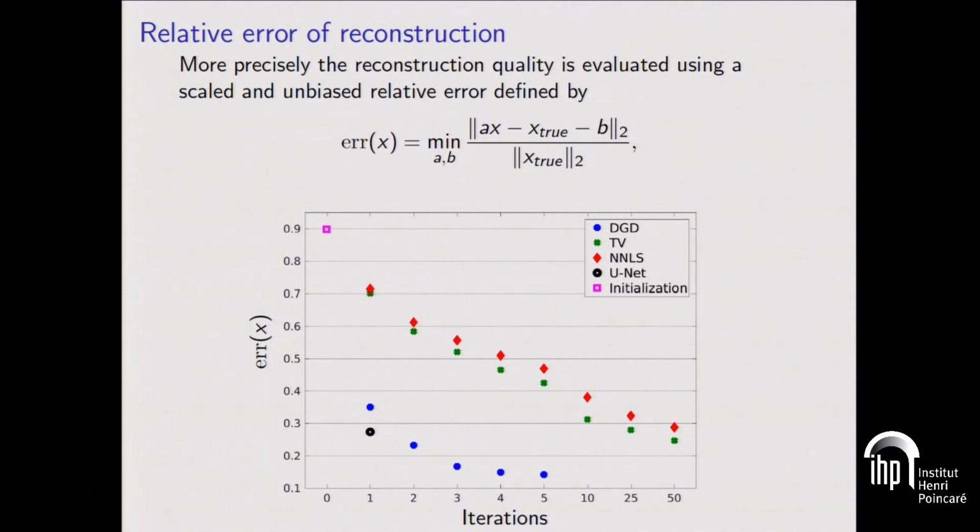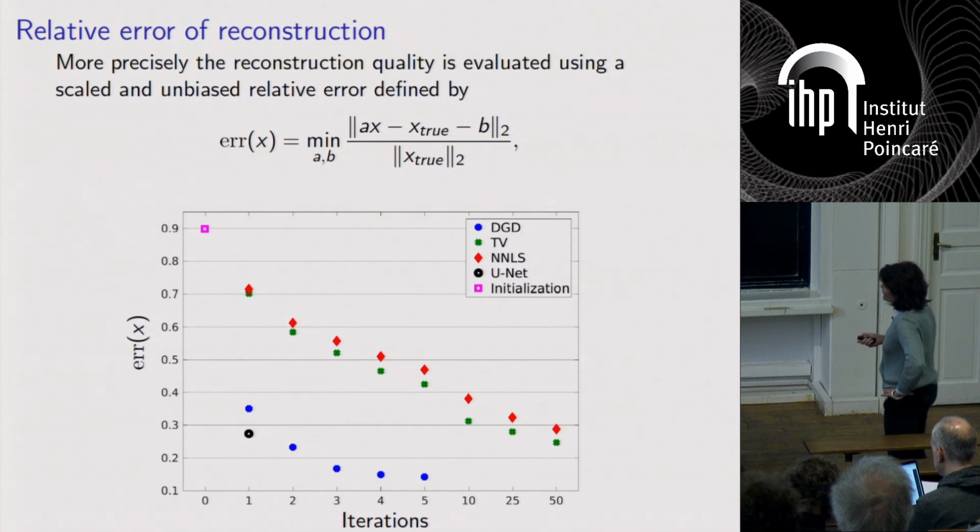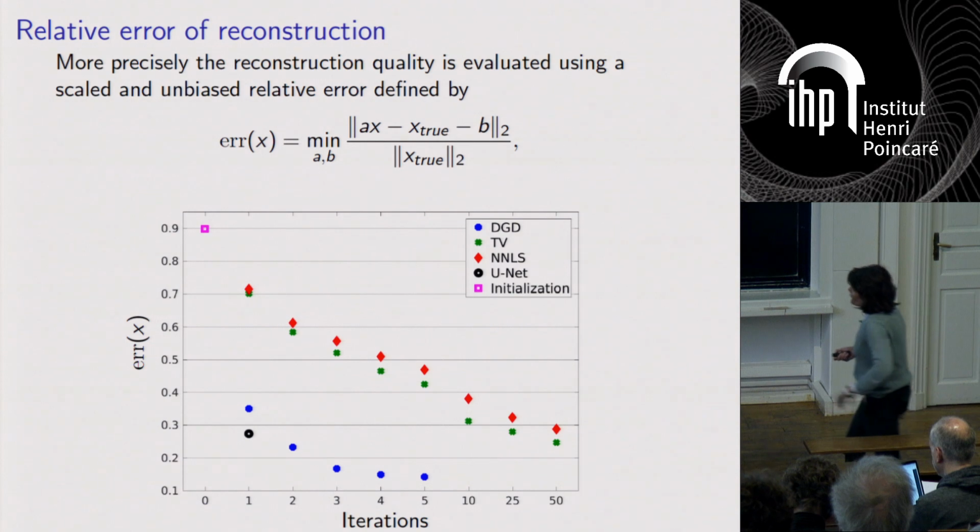Then the conventional non-negative least squares and the total variation convergence you have here, and of course they take a long time, and they would most probably go further down given the opportunity, while you get the learned method after 5 iterations coming here. So we feel quite justified that there's no point to try to push it any further in terms of iteration. It got where it's going to be.